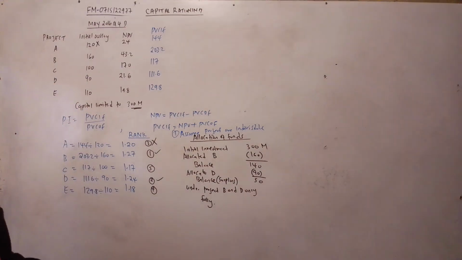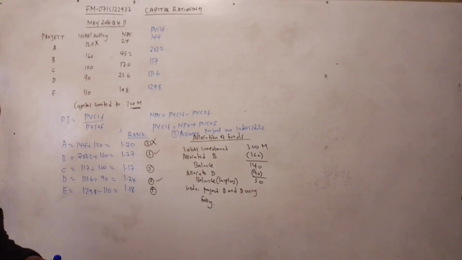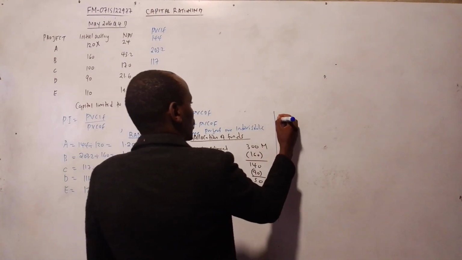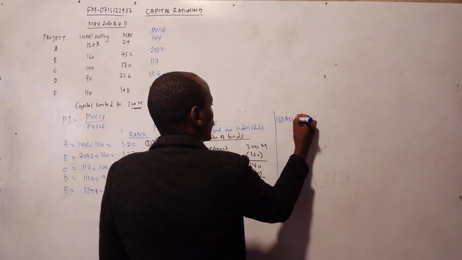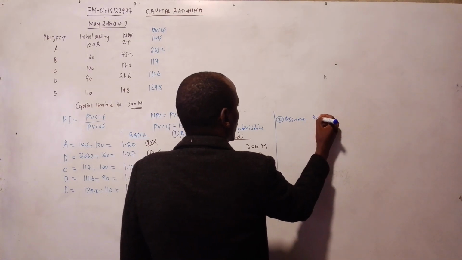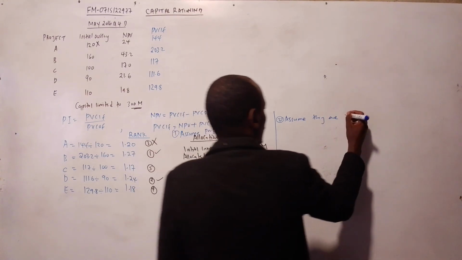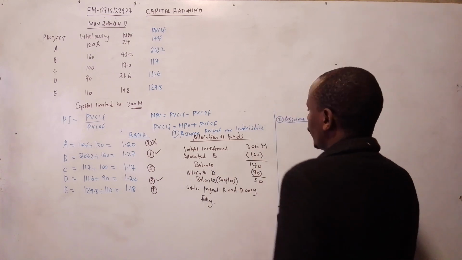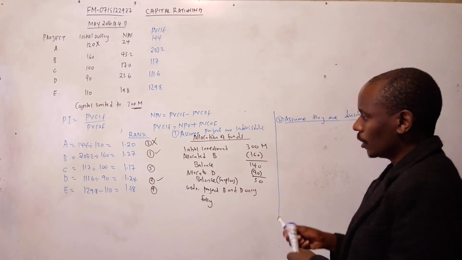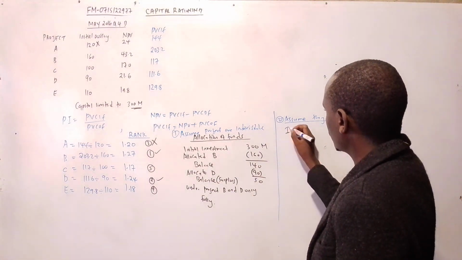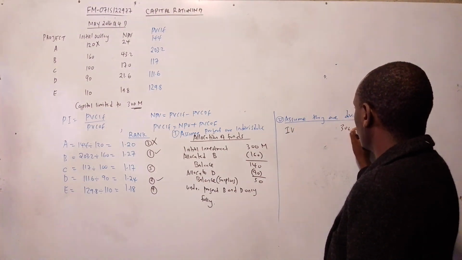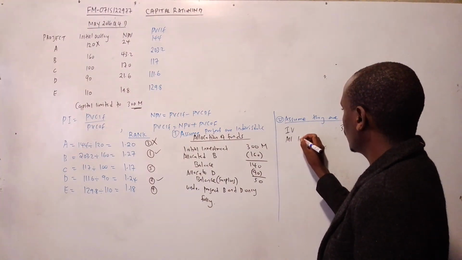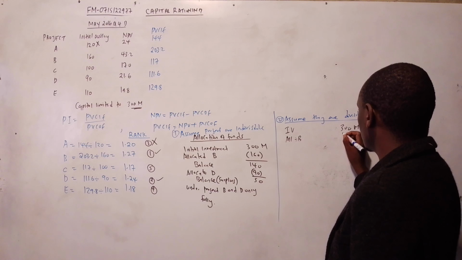Now number two, assume they are divisible. If they are divisible, remember our initial investment was 300 million. We allocated B 160, we remained with a balance of 140.